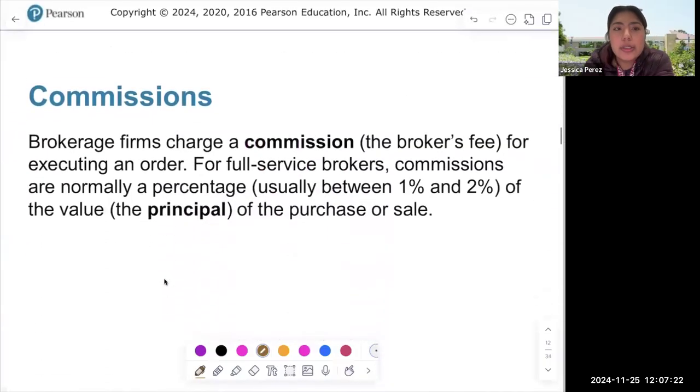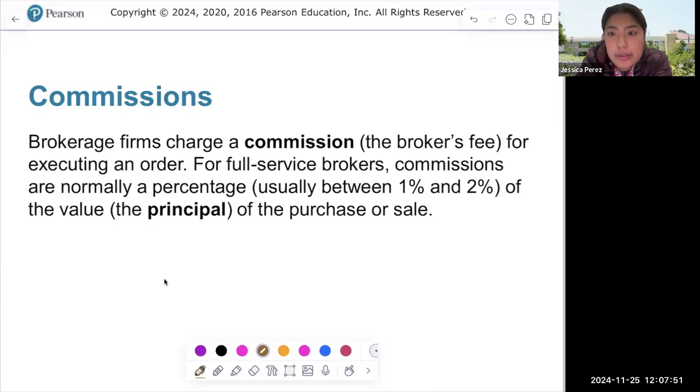Let's talk about commissions. Brokerage firms charge commissions. For example, if I'm a broker in charge of your stocks, I'm going to make a commission. There's a broker fee for executing an order. So for example, you tell me you're looking at the stock market and I think you should sell your stock because you're going to get profit from it. Because I'm going to make you money, I deserve a commission.